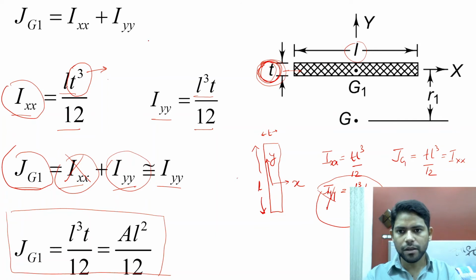So for example, your actual centroidal point XC is calculated as summation of AiXi upon summation of Ai.